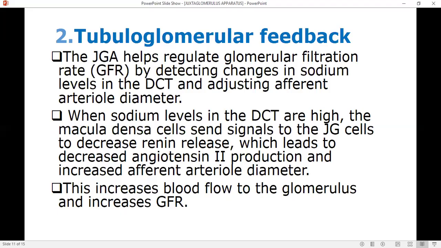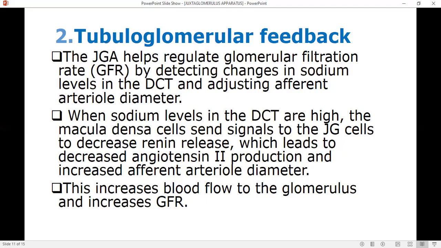Then there is tubuloglomerular feedback. The juxtaglomerular apparatus helps regulate glomerular filtration rate by detecting changes in sodium levels in the distal convoluted tubule and adjusting the afferent arteriole diameter. This is just the component that I was explaining about, those cells and the regions.